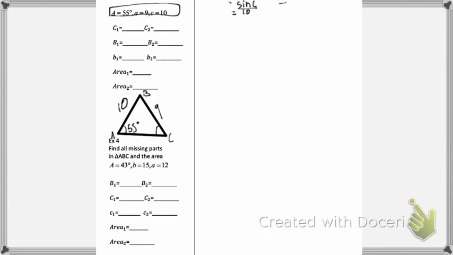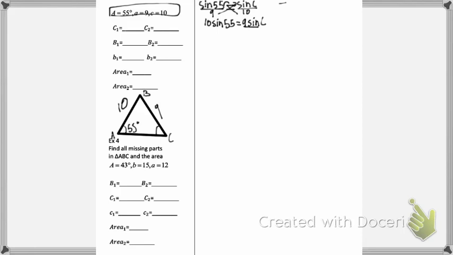So sine 55 over 9. Now let's cross multiply. So 10 sine 55 equals 9 sine C.